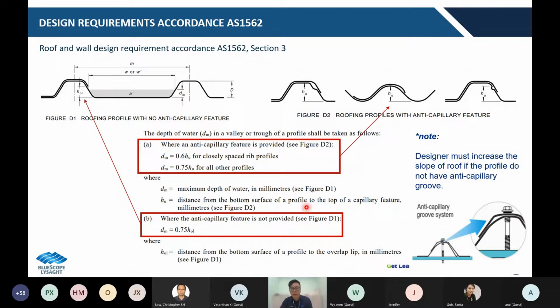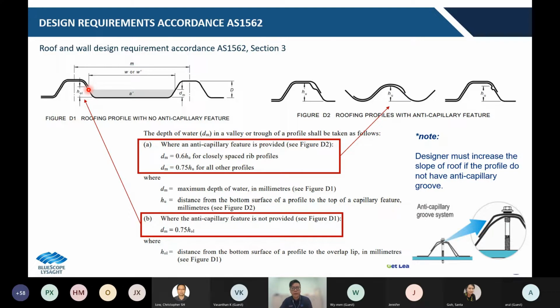The height of the water level allowed by the standard is determined by whether an anti-capillary groove is provided. According to the code, if an anti-capillary groove is provided, we are allowed to use 60 to 75% of the full rib height to determine the water level. In reverse, if the profile does not have the anti-capillary groove, we are only allowed to use 75% of the height from the pan surface until the lapping area here.